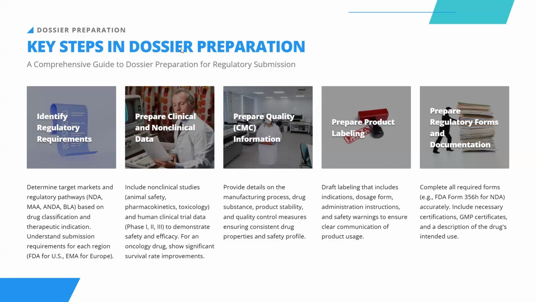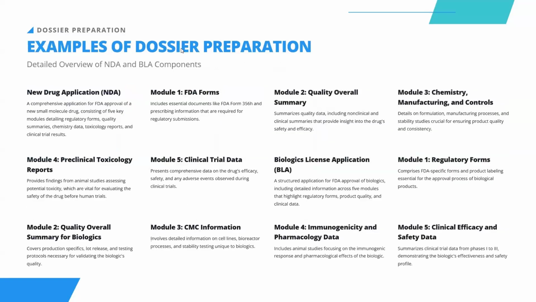You also have to include the necessary certifications like GMP certificate, manufacturing authorization, environmental risk assessment report, or PSUR, etc. All these documents need to be submitted when you are preparing a dossier. Okay, so this is an example of dossier preparation.